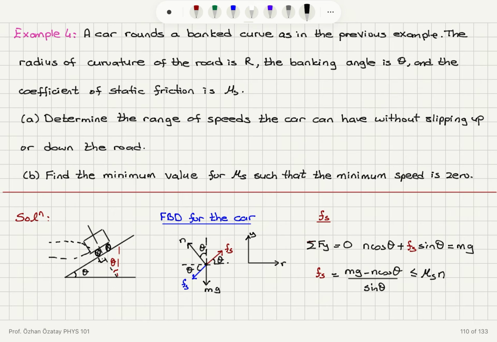We can write mg is less or equal to n times parentheses mu s sine theta plus cosine theta, or we can write the normal force to be greater or equal to mg divided by mu s sine theta plus cosine theta.